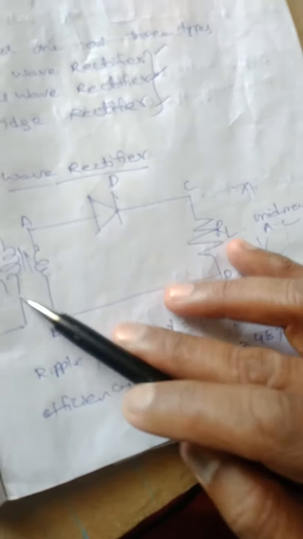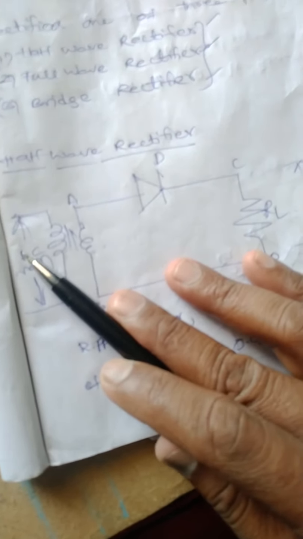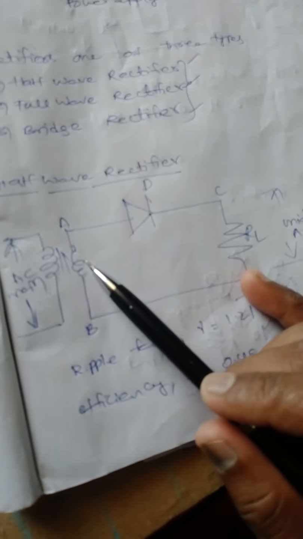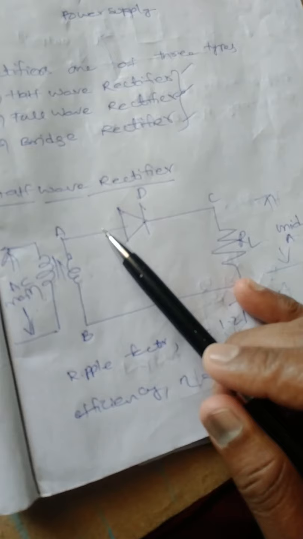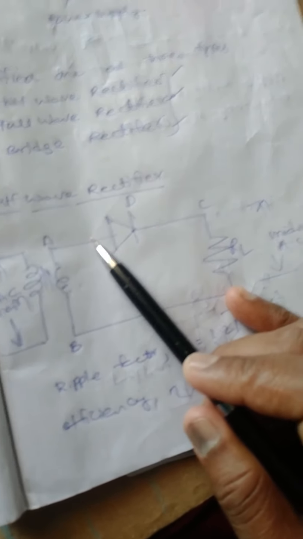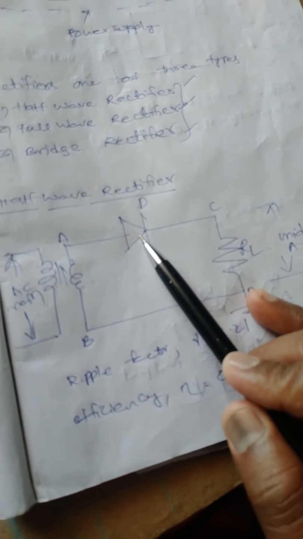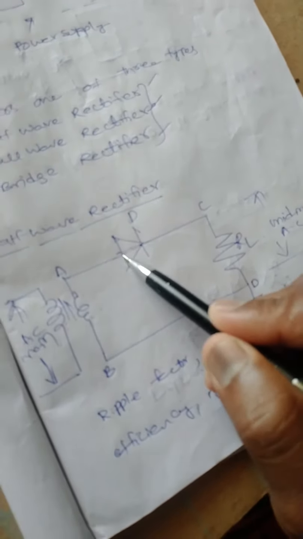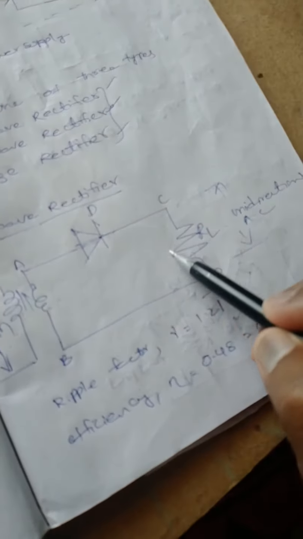A 5-0-5 rating transformer means that if you give 230 volts to that transformer, it will give an output of 5 volts AC only, not DC. Okay, so the AC supply will be available here. For positive half cycles, this diode D will be forward biased. Once it is forward biased, it is short circuited, and there is a closed loop.